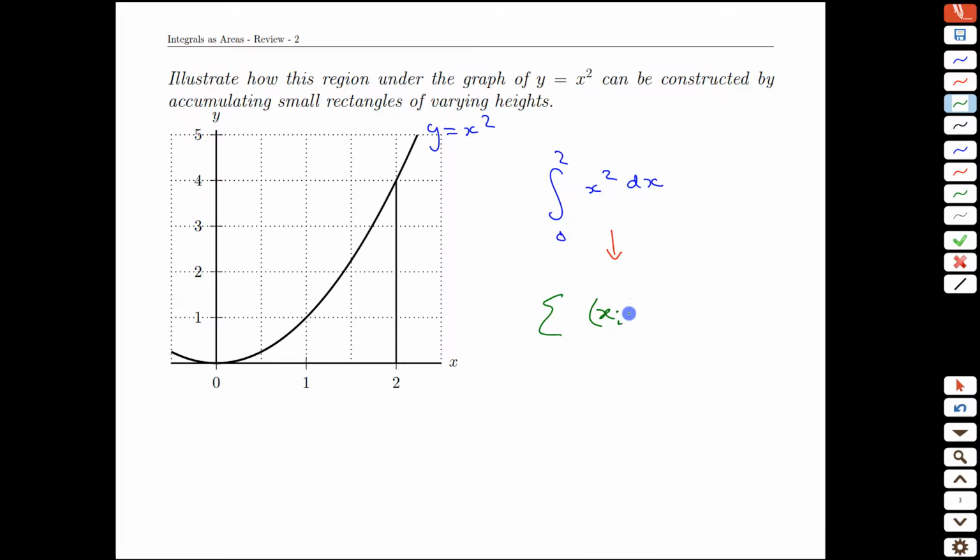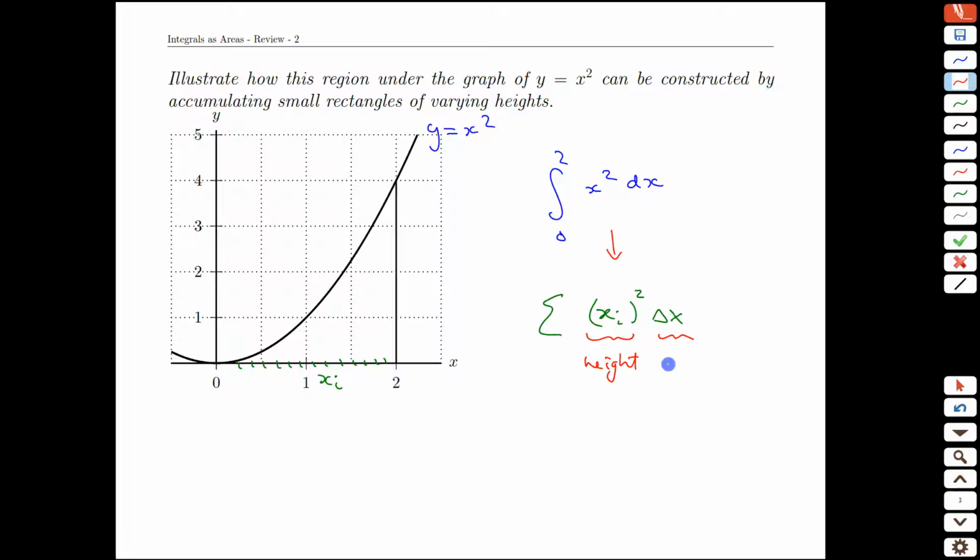I'll put little subscript i's, because what we did is we divided this interval up into subintervals, each labeled with some x value. And we then squared those values, which gave us the heights of rectangles.